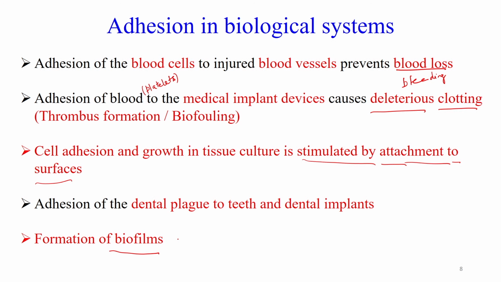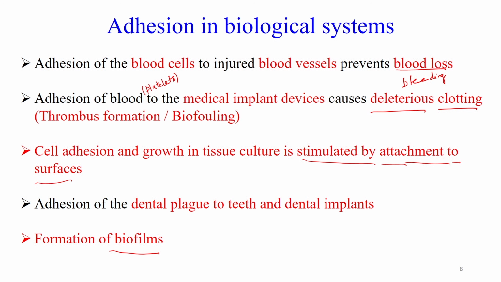So, we can say various adhesion phenomena are there in the biological system, starting from the in vivo body system. In case of injured blood vessels, there are blood platelets and they stop bleeding, but when they attach on the particular biomedical implant, they cause thrombus formation or the clotting.